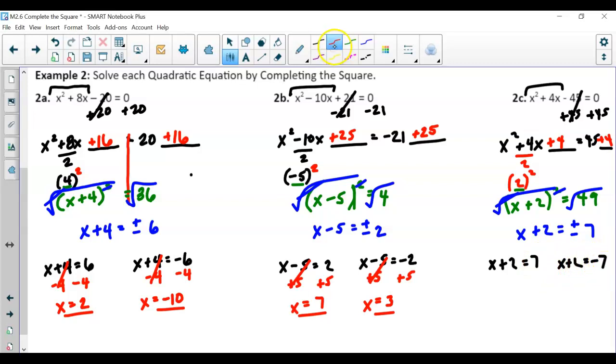So now when you go through and solve, you're adding 2, so subtract 2, opposite operation, and x is equal to 5. Then here, subtract 2, and x is equal to negative 9. So 5 and negative 9.